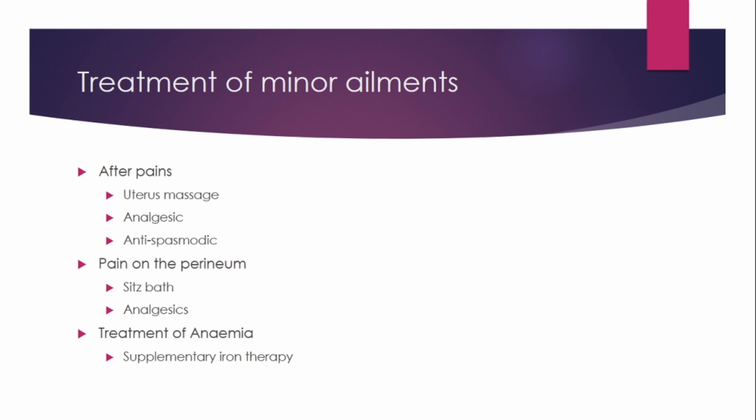They may complain of after pains, uterine massage will help, analgesia, occasionally antispasmodic. Then, when there's pain on the puerperium, sitz baths, which will give a soothing relief, analgesics. Then, if there's anemia, then we need supplementary iron therapy, and occasionally, blood transfusion.